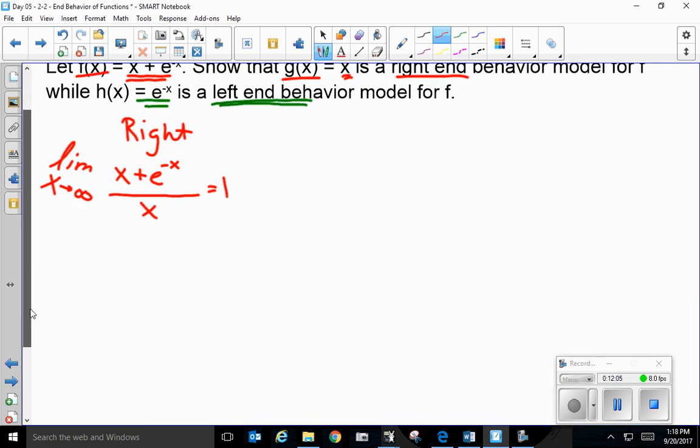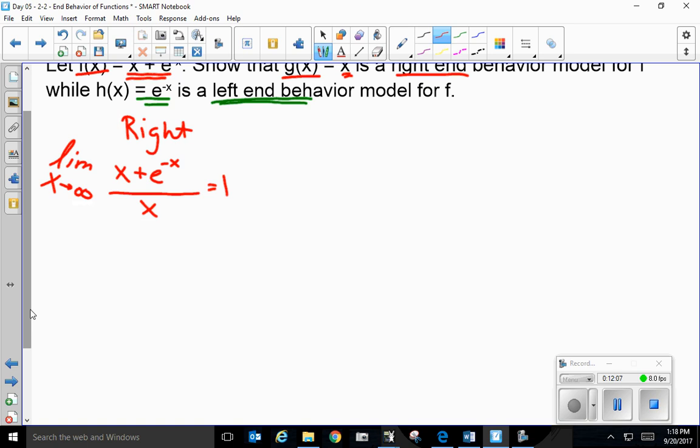All right, well, here's something that comes really handy in calculus. I'm going to break this up right here. I'm going to say that's x over x plus e to the negative x over x. You see how I can do that, right? Because if I added those two, the bottom would stay x, and I get x plus e to the negative x.